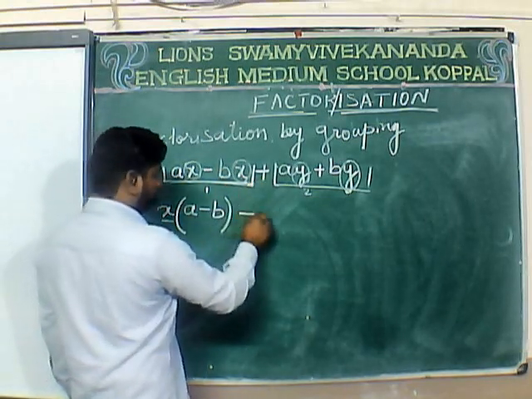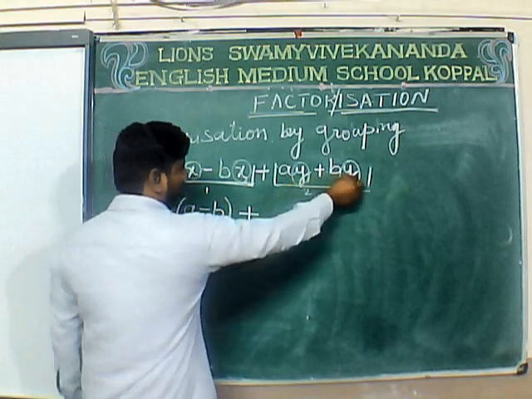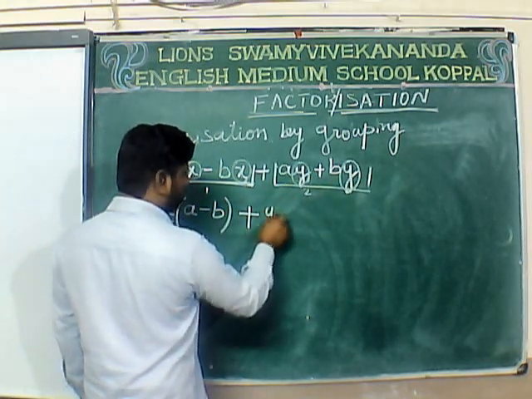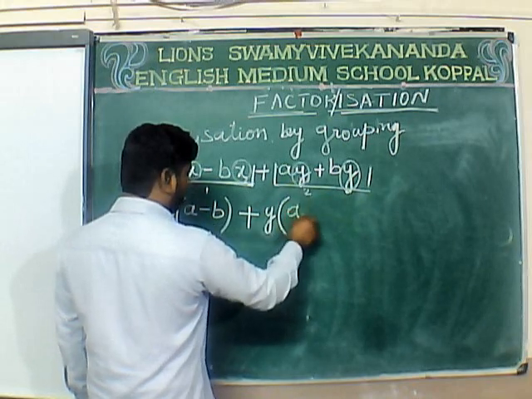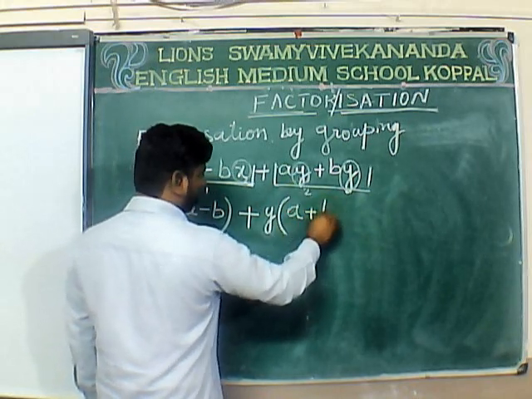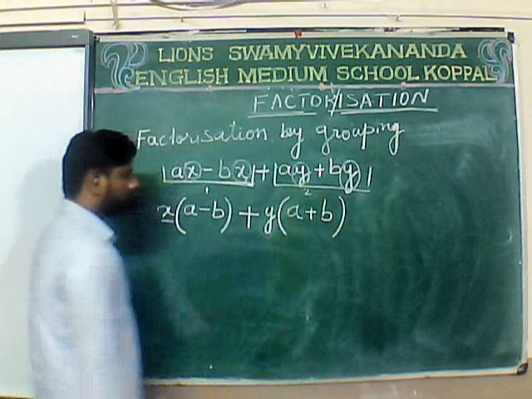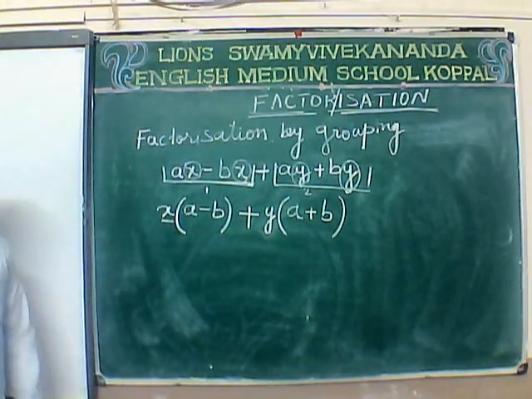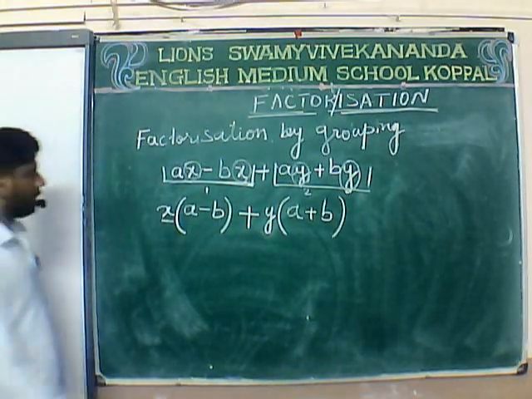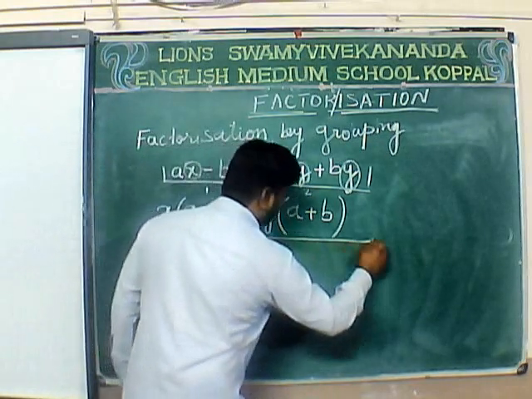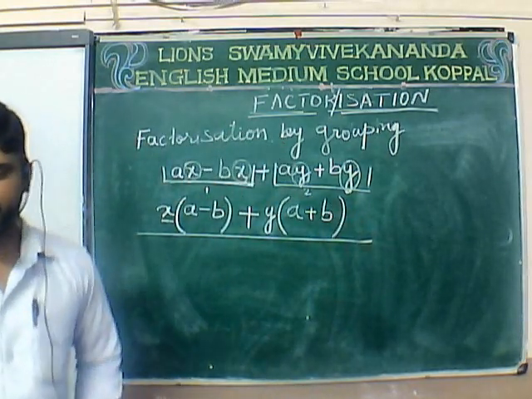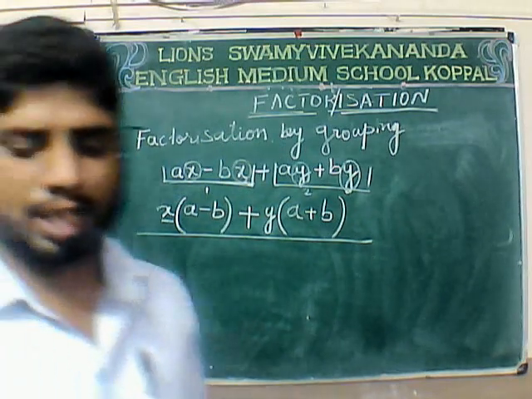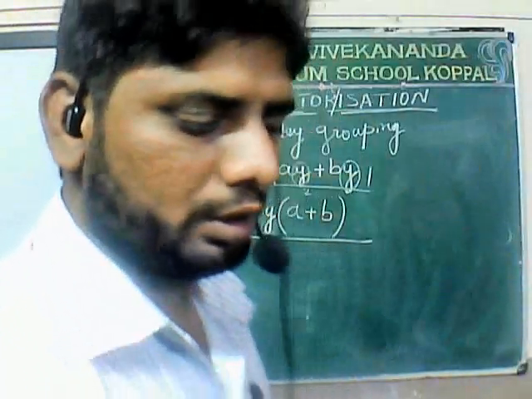Plus, what is common here? y is common in these two terms, second group. So what is left? a plus b. Understood, my dear students? So this is an example of factorization by grouping. Now let us see exercise problems on this method.